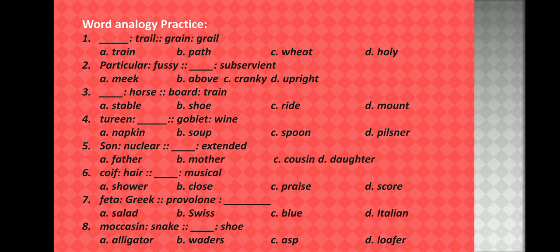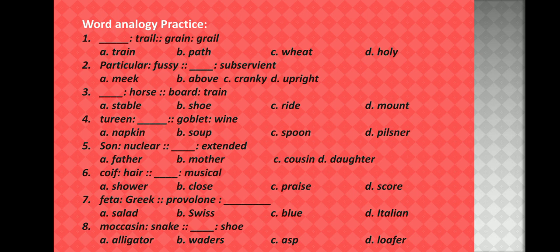Next, feta, Greek, provolone, dash. Feta is a Greek cheese, and provolone is an Italian cheese. So the answer is D. Next, moccasin, snake, dash, shoe.